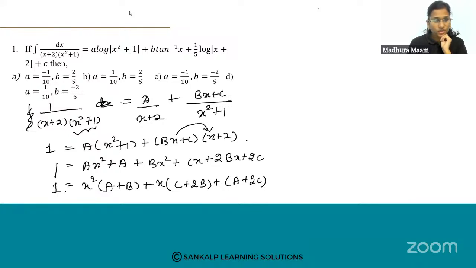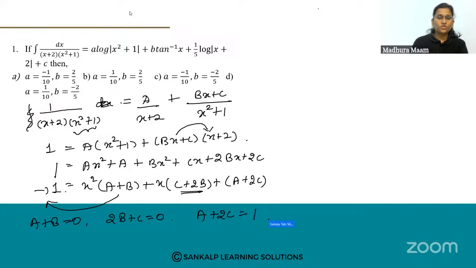Now if you compare the coefficients, the x square term is absent, so a plus b becomes 0. If you compare, the x term is also absent, so 2b plus c is also 0. Then the constant term is 1. So if you solve these equations, you will get your answer.